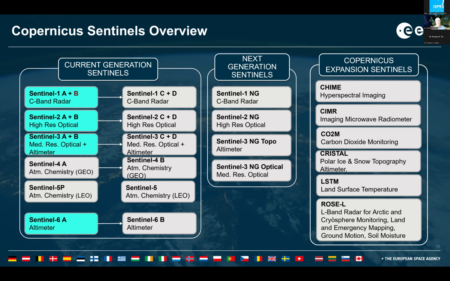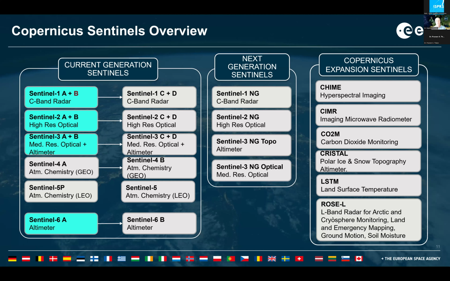by next generation Sentinels, for which we now have new missions in development for the next generation of Sentinel-1, 2, and 3. And on the right, we have new Copernicus Sentinel expansion missions, which will be coming online later this decade.